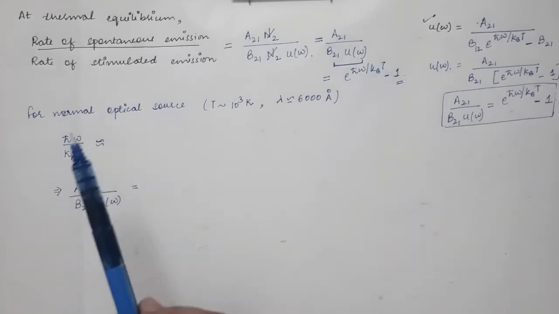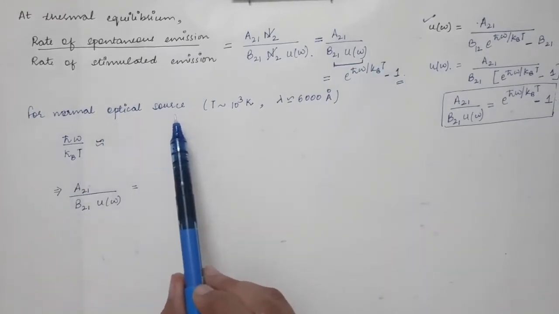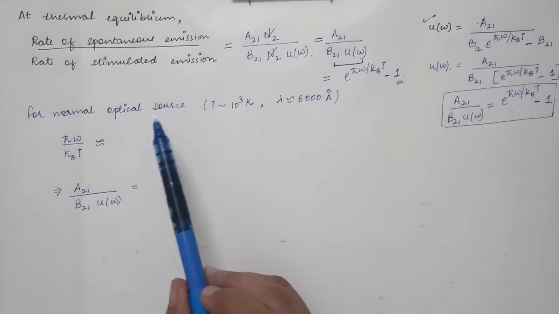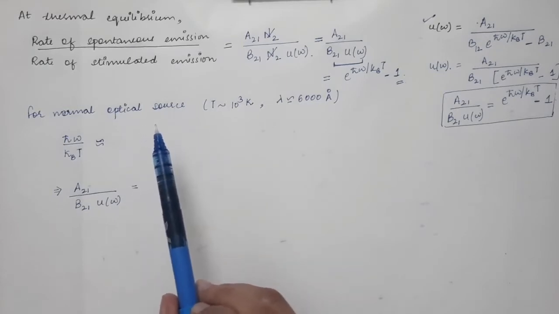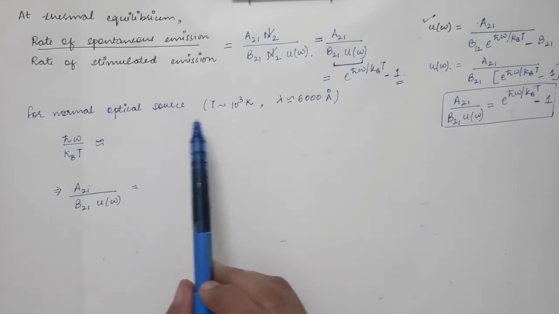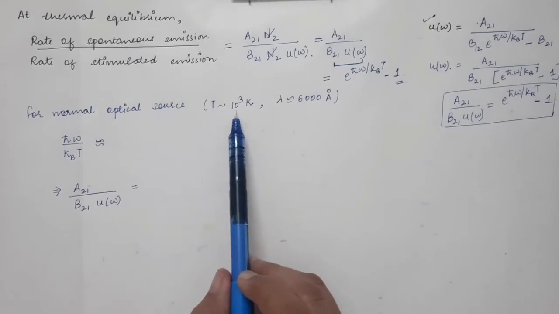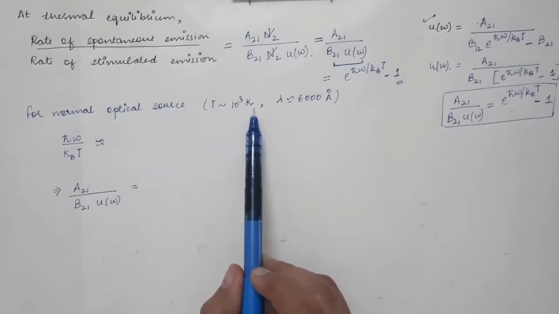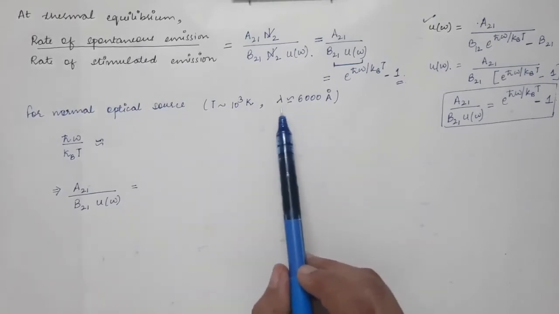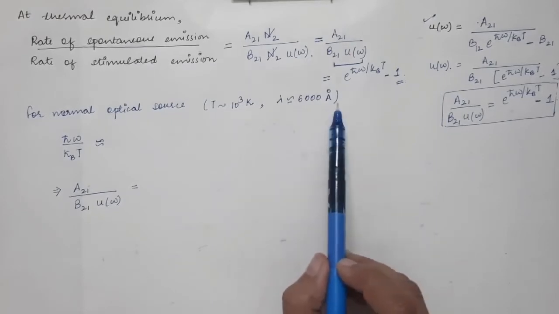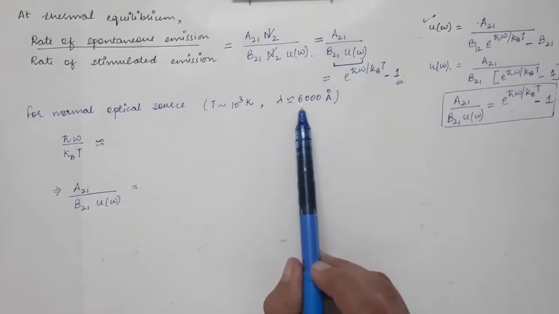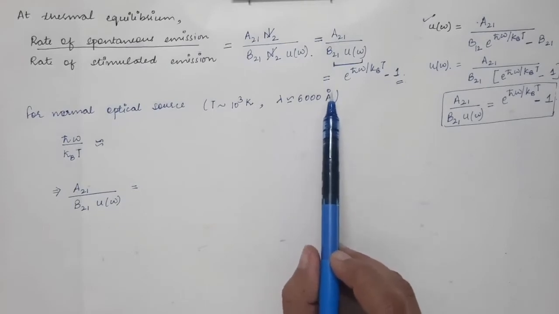Now for the case of normal optical sources, the ordinary sources that emit visible light, the temperature is approximately 10 power 3 kelvins, and let's say we take the wavelength in the visible region, approximately 6000 Armstrong.